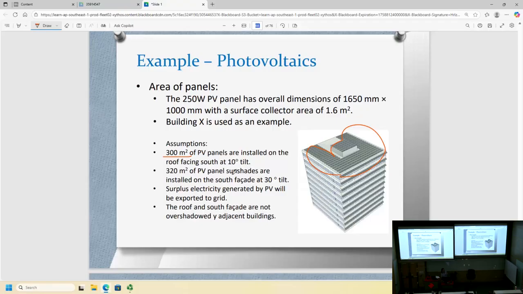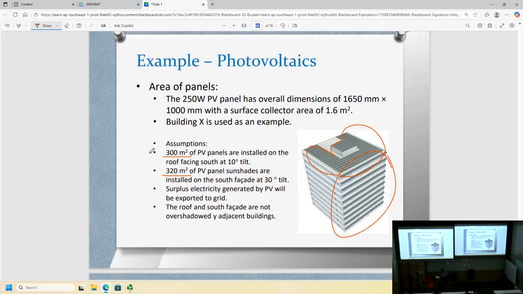And we may also install the PV panel on the south facade as shading. So the PV panel can block the direct sunlight and convert the solar energy into electricity. And we assume this area would be total 320 square meter.